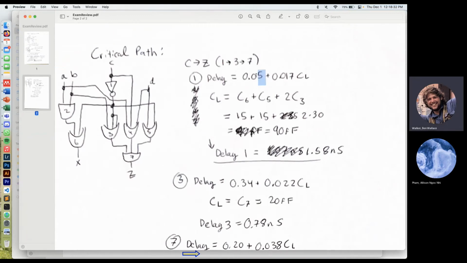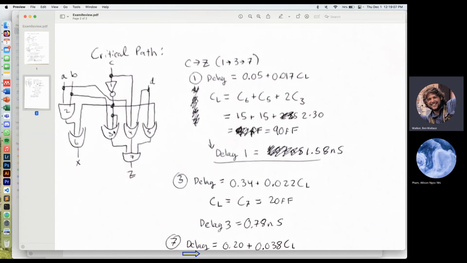For gate 1, we have an intrinsic delay of 0.05 nanoseconds, and we also have a load dependent delay. For gate 1, we have to look at fan out. It fans out to a 2 input OR, a 3 input OR, and another 2 input OR.